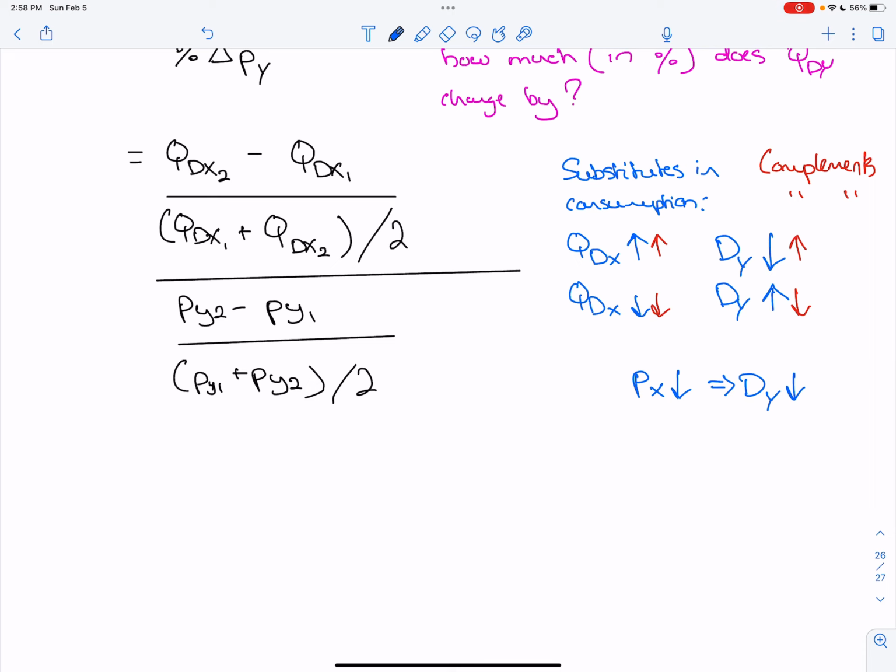What about when the price increases? Well, it should be the opposite. When the price of X increases, the quantity demanded of X decreases, which results in an increase in the demand for Y. So we have the opposite relationship here.